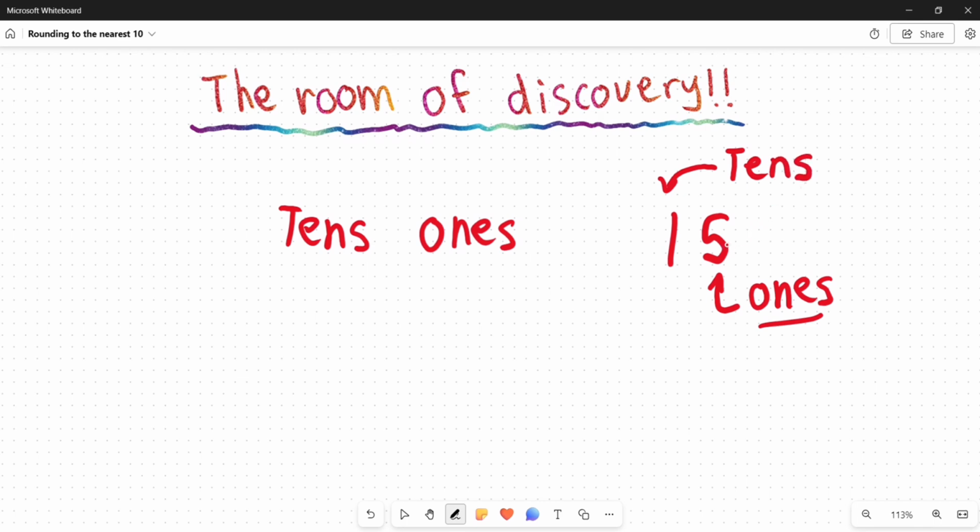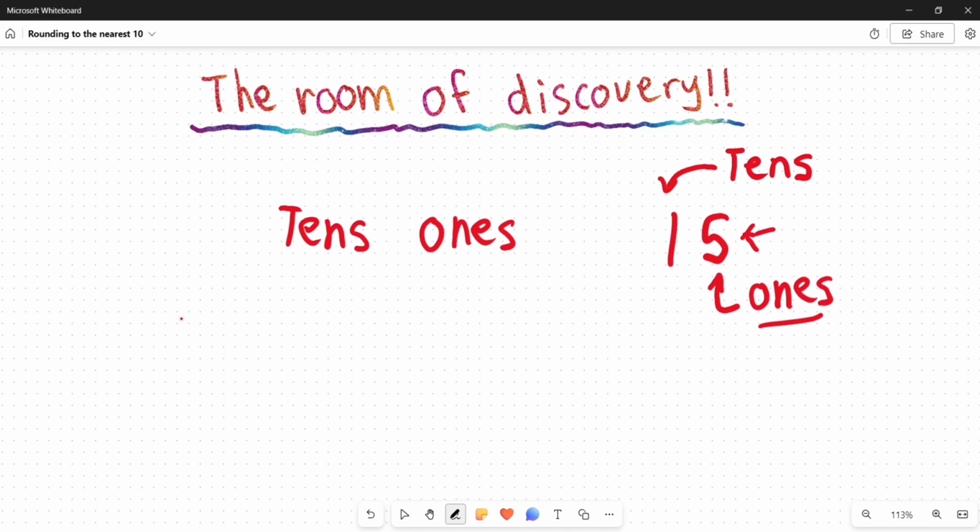So if you wanted to round up or down to the nearest 10, you have to look at the number in the ones place. But first, we need to know what numbers we have to look at before we would know if we should round down or we should round up.